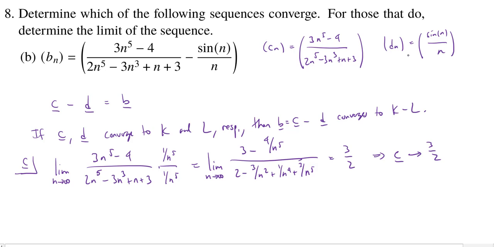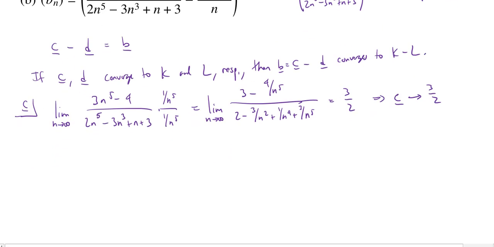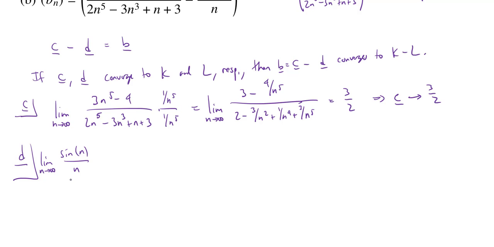How about this sequence d? Now we're trying to understand what happens to sine of n over n as n goes to infinity. This is a little trickier because while this n on the bottom is blowing up, the sine is oscillating back and forth between -1 and 1, which maybe concerns us a little bit.